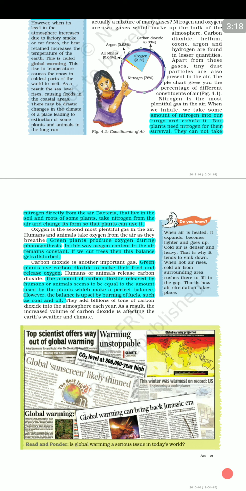But the more we cut the trees, the more this balance is disturbed, and hence we should plant more and more trees, so as to have more oxygen and less carbon dioxide in the area.